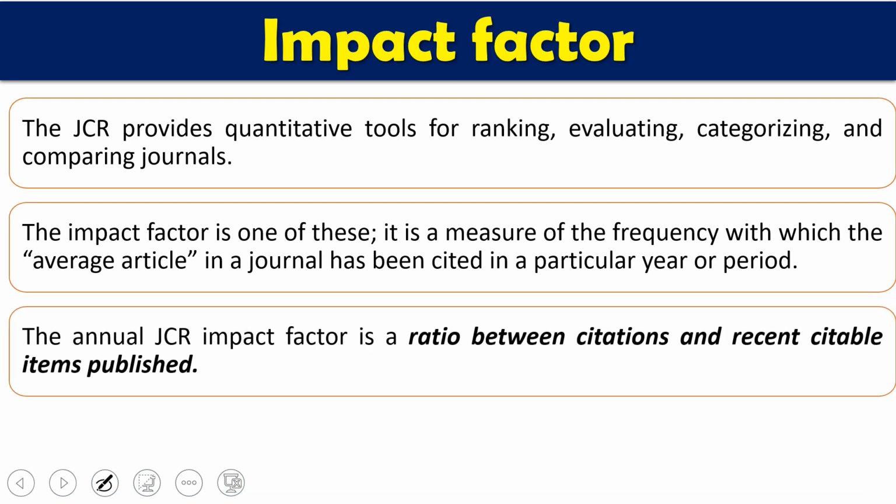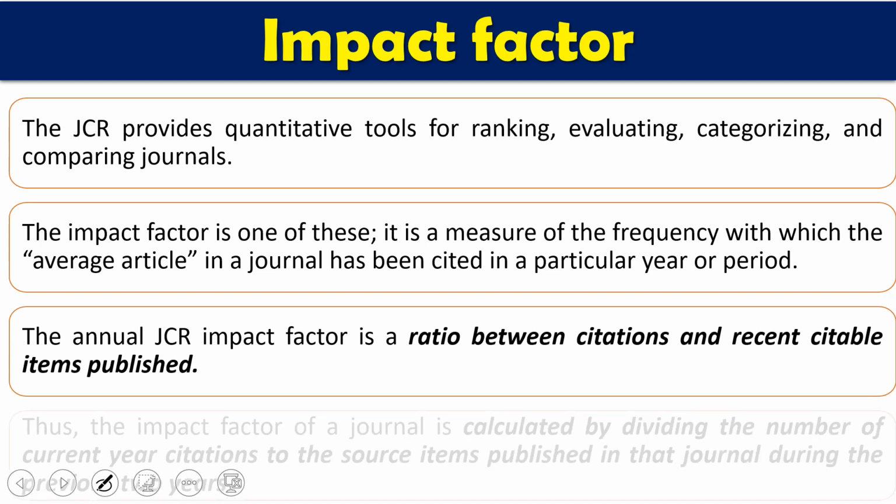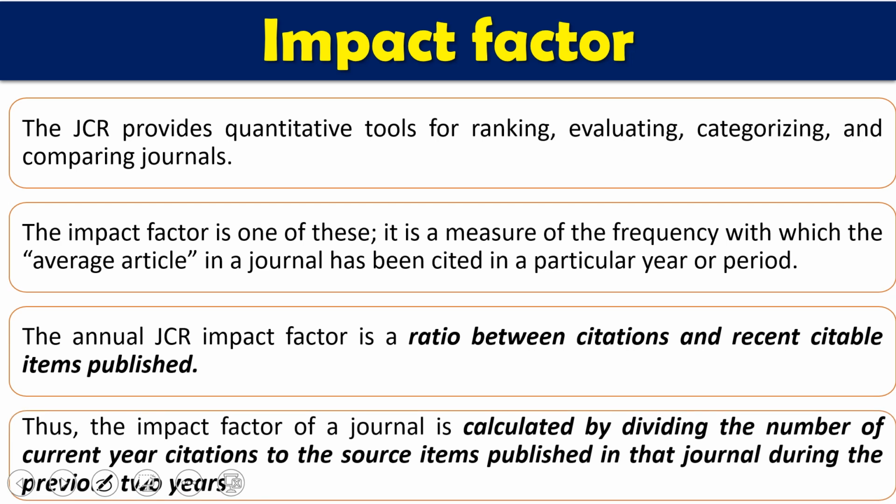And every year, the JCR impact factor is a ratio between the citations and the recent citable items published. Thus, the impact factor of a journal is calculated by dividing the number of current year citations, meaning citations in the current year to the source items published in that journal during the previous 2 years.